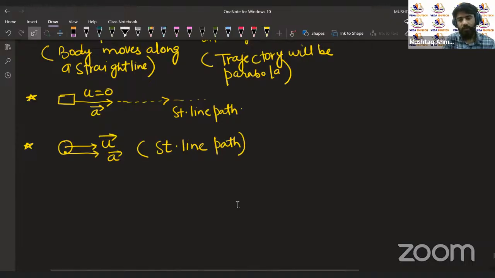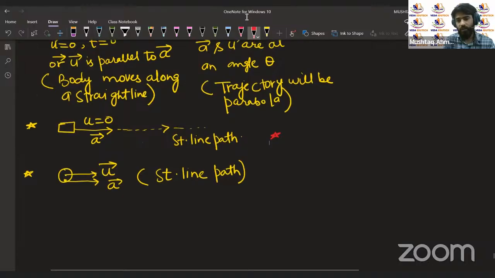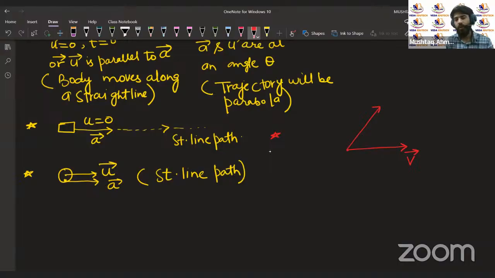So the third case will be, let's suppose that acceleration is constant, but in this case, this is the velocity. The acceleration is not collinear or parallel to the velocity vector. This acceleration is at an angle of theta with the velocity vector.